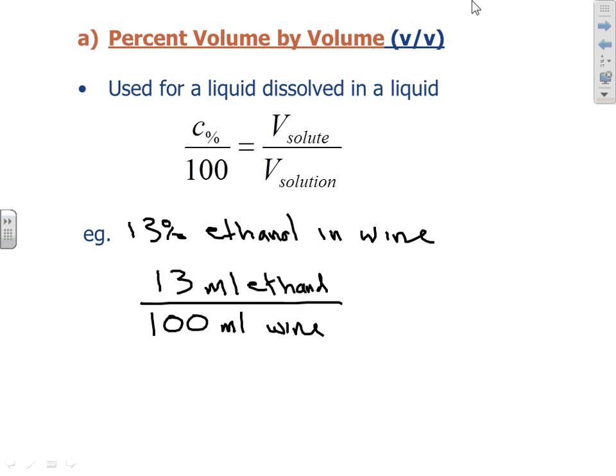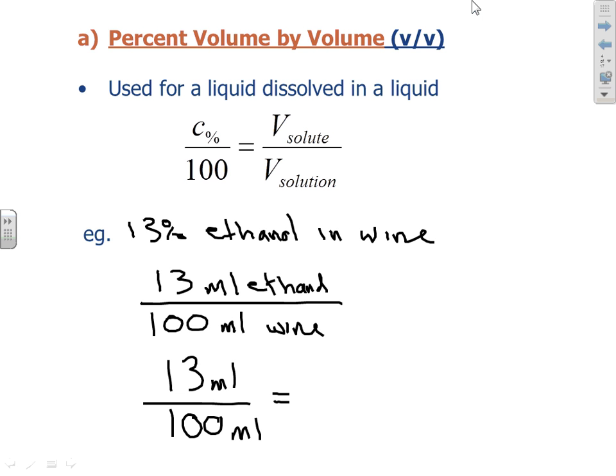All right? Now, when we do calculations, we're not going to necessarily write out ethanol and wine, so we could write that as 13 milliliters per 100 milliliters. Okay? Percent per 100. Now, depending on what question I'm asking, I will then have another ratio on the other side, and we'll then solve for the unknown.